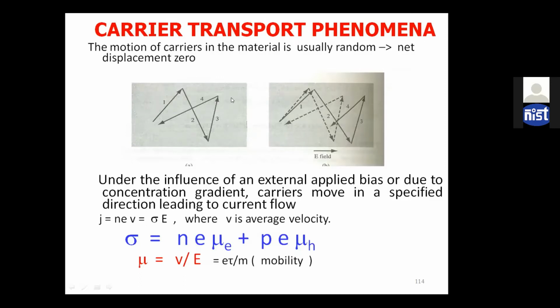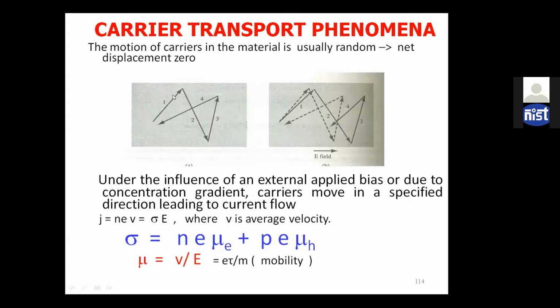However, as there are 10 to the power 18 atoms per cubic centimeter, they have scattering, that means they have random motion. If one electron is moving in one direction, there must be another electron moving in the opposite direction.